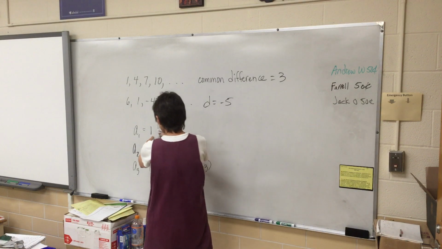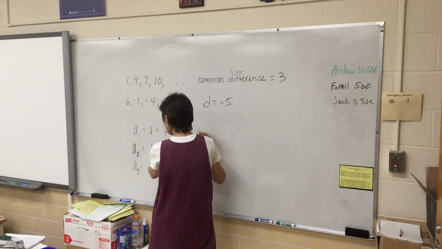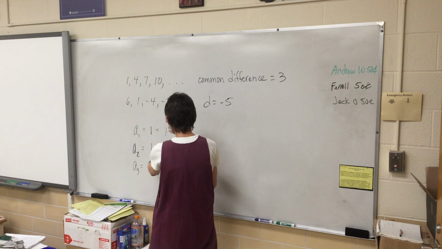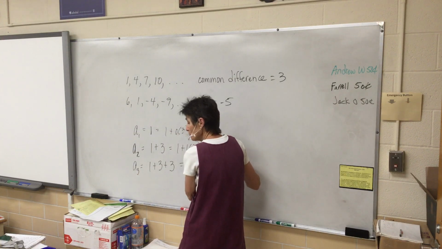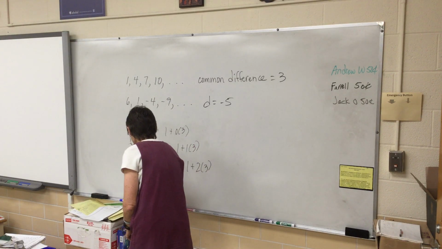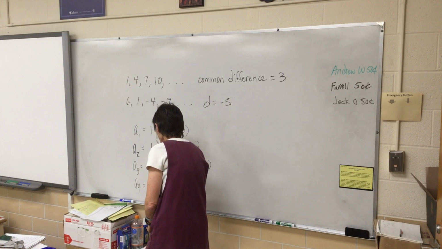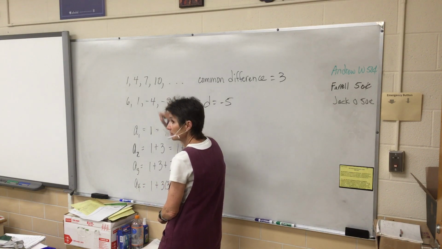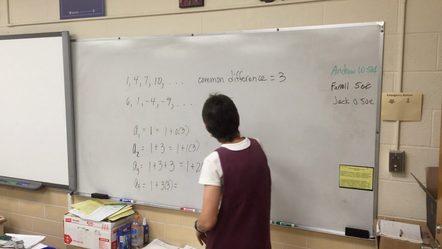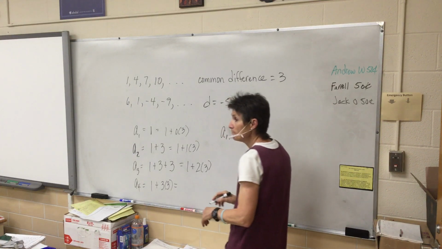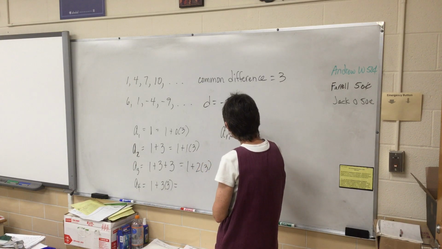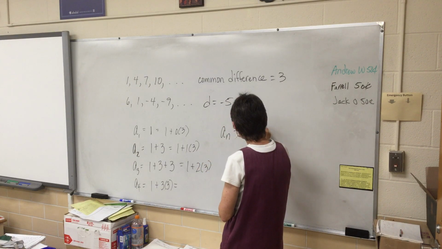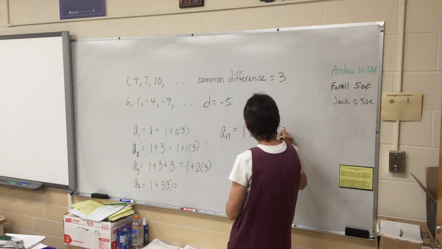So the first term was 1 plus no 3s. The second term was 1 plus 1 3. The third term was 1 plus 2 3s. What do you think the fourth term is? 1 plus 3 3s, right? 10. So in general, the nth term for this sequence would be 1 plus n minus 1 3s.